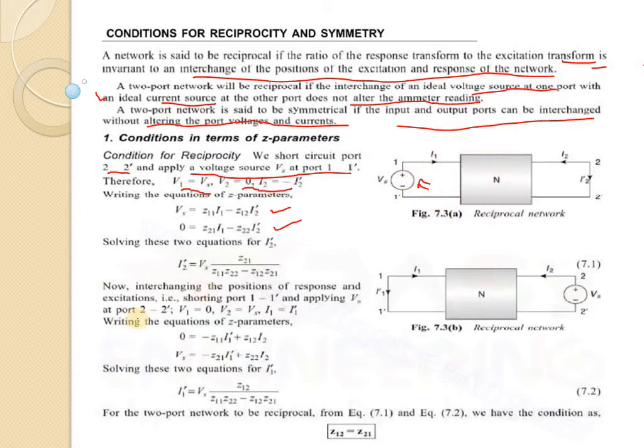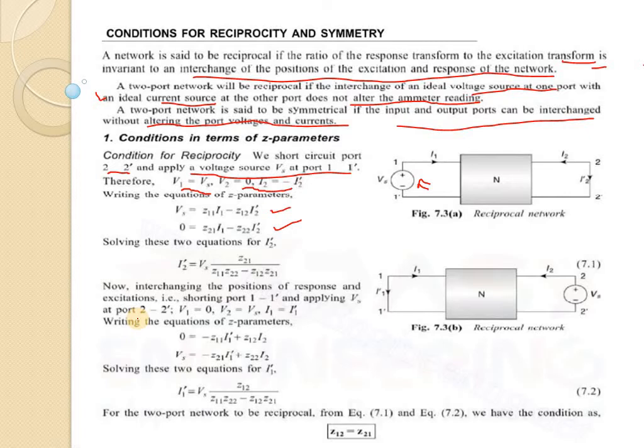The equations become Vs equals Z11 I1 minus Z12 I2 dash, and the second equation is 0 equals Z21 I1 minus Z22 I2 dash.